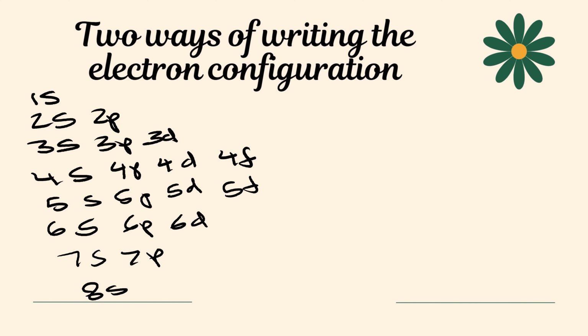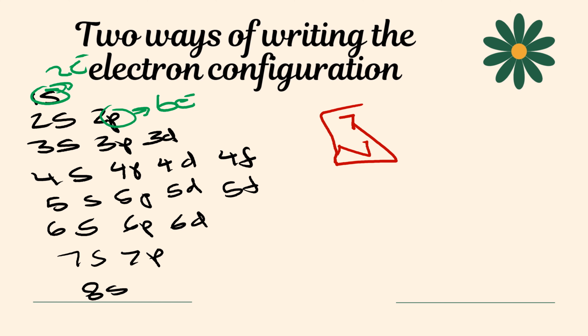It's an easy one to write the electron configuration for. Nitrogen has 7 electrons. We know that s can hold 2 electrons, p can hold 6 electrons, and f can hold 14 electrons.